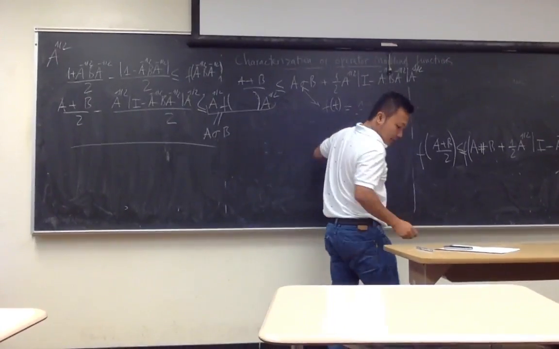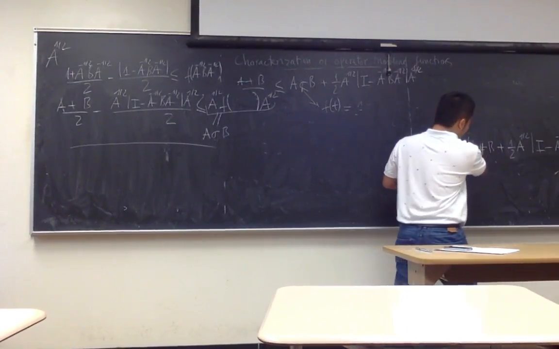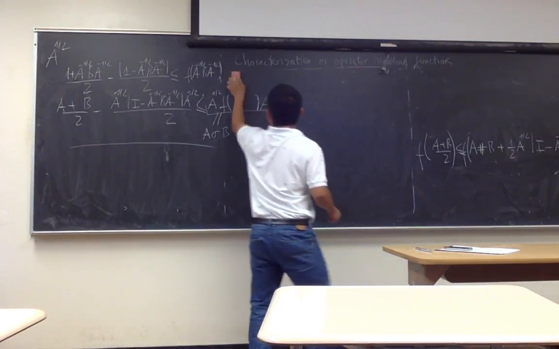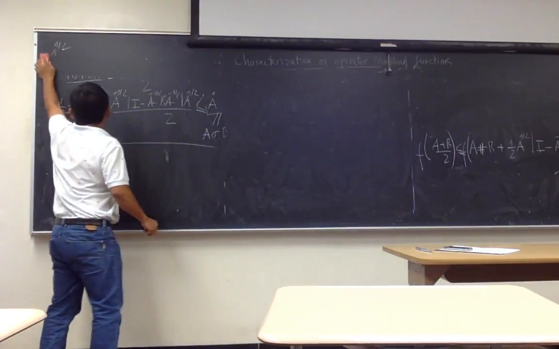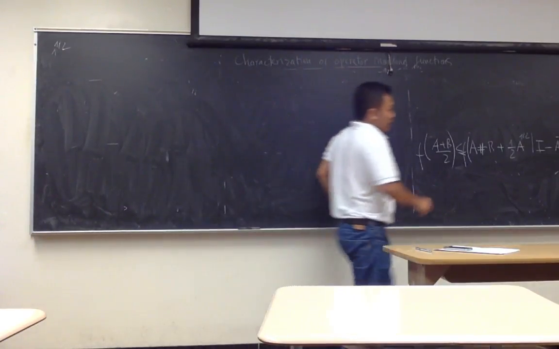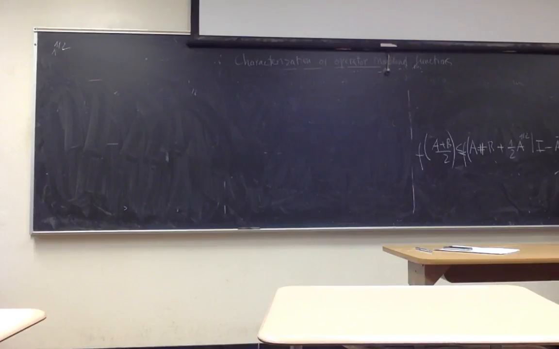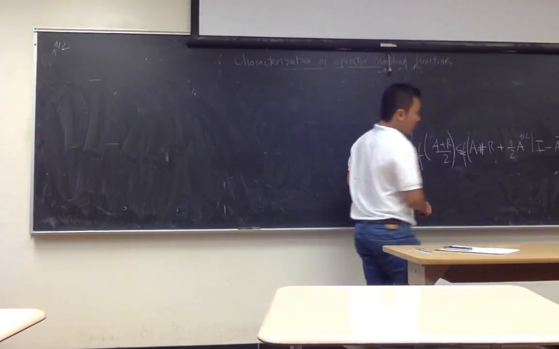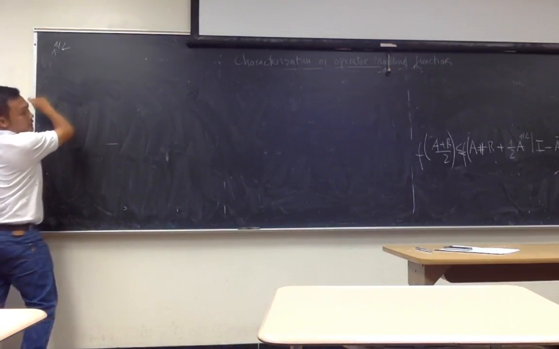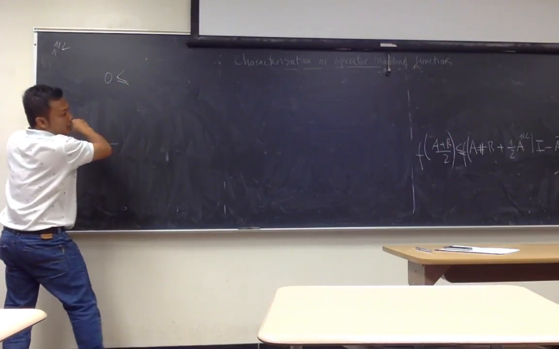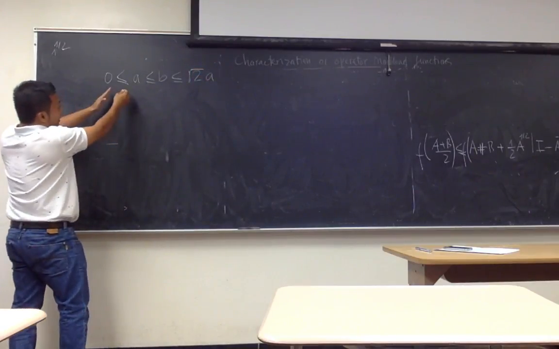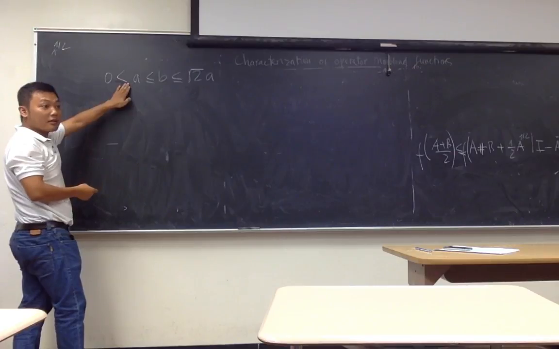Okay, now I will give you a sketch of the proof of this one. Also, from this idea, from the first step, let's observe what is here: A less than B less than square root of 2 A, if A is strictly bigger than 0.